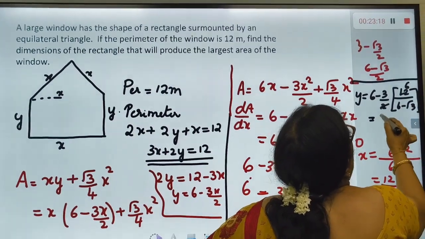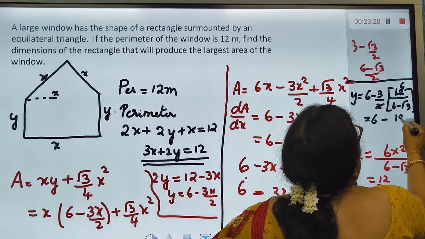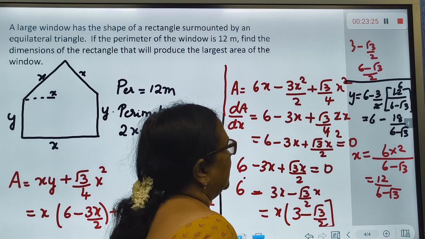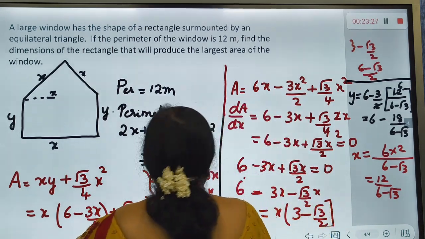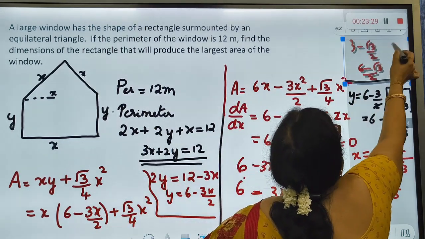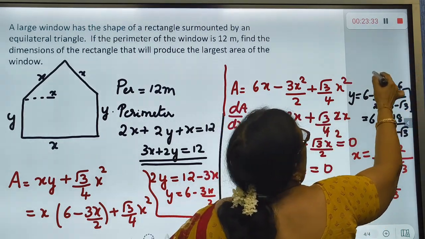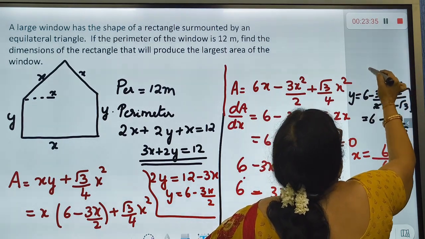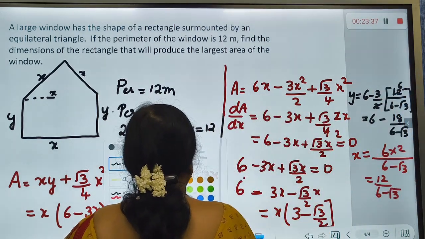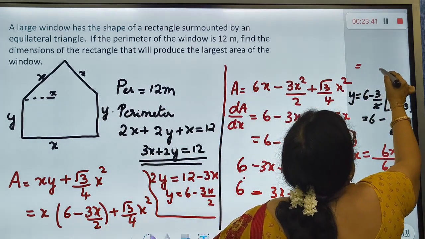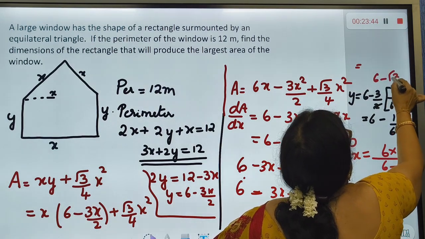So 6 minus 18 by 6 minus root 3. So this is what? 6 minus root 3. This is 6 minus root 3.